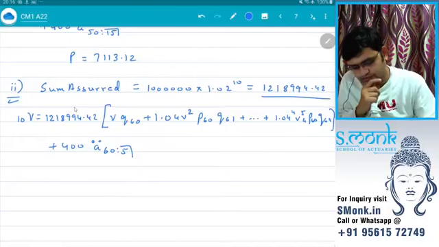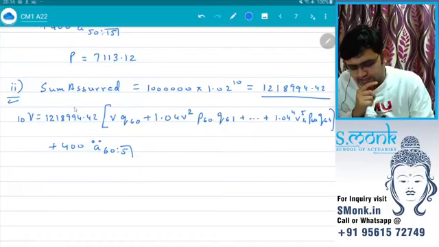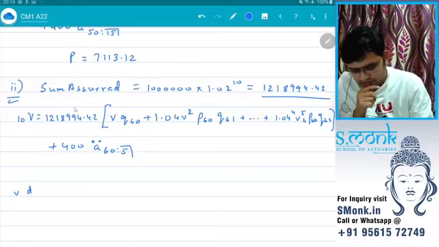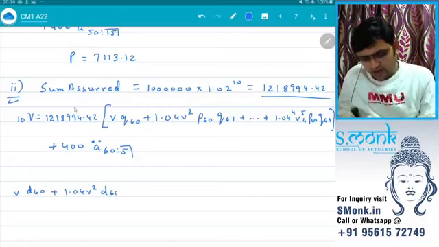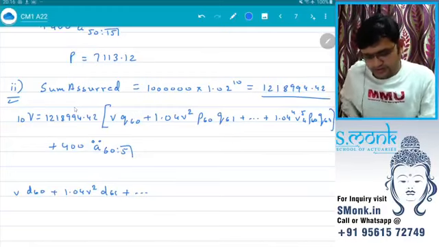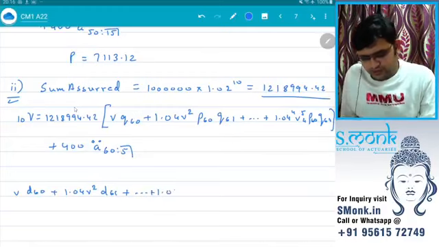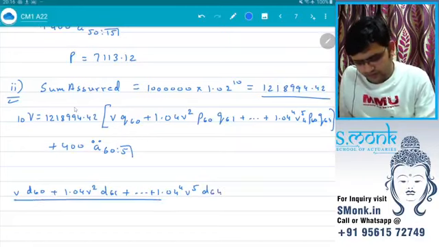Remember we have talked about this before, that we write these in terms of D. So I'll directly write what it will be here: v D60 plus 1.04 v squared D61, and this will go on till 1.04 raised to 4, v raised to 5, D64, divided by L60. This is what we'll get.